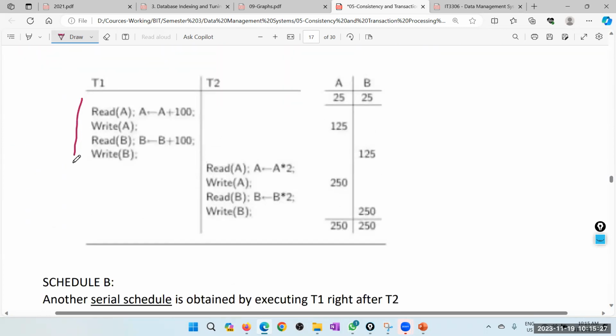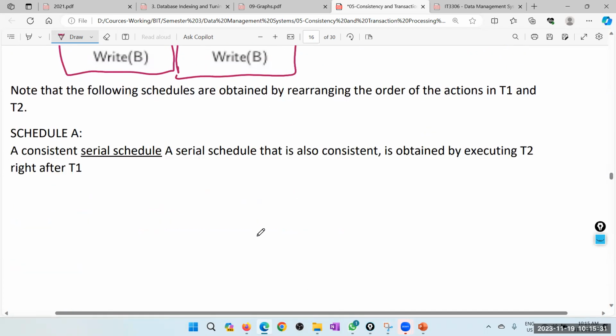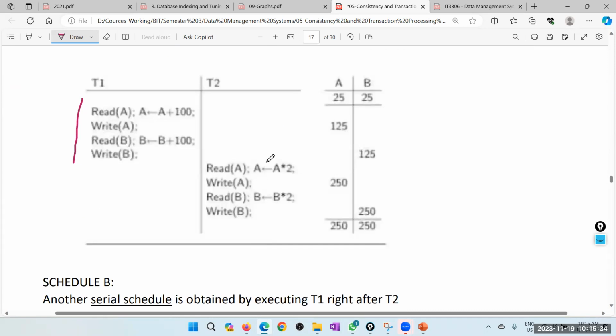You do the first transaction first, and then you do this transaction. Let's assume initially the balance of A is 25 and B is also 25. Now this transaction is done first because this is a serial schedule.